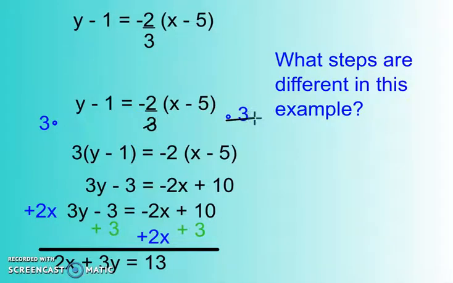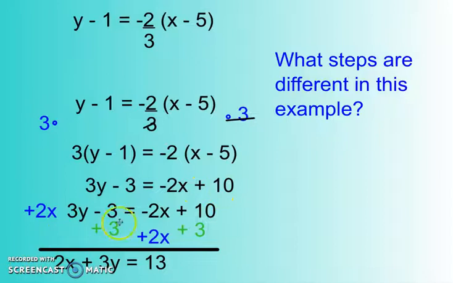And so what's left is the -2 times x minus 5. That's all we see here. And so we can use the distributive property to simplify that, and we get negative 2x plus 10.